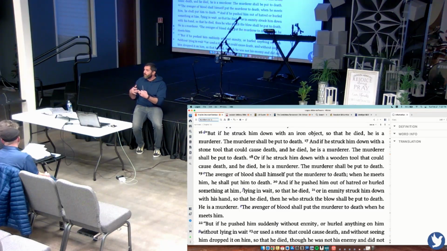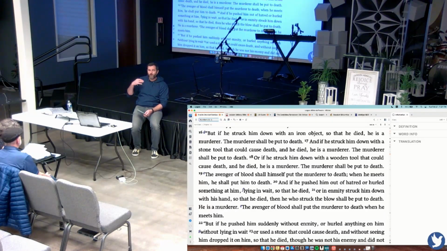And it went back so far that no one knew who killed the first one, so it would never ever stop. That's what's happening right here. So if I accidentally murder someone, that person's brother has the right to murder me. But if we don't know where it started, then when that person's brother kills me, my brother can go kill that guy. Okay, so this is what the cities of refuge are doing.